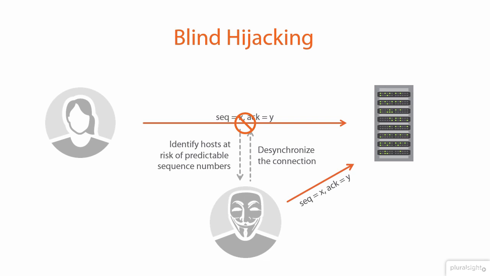Now the server is synchronized with the attacker, so they can resume the communication themselves. So blind hijacking is one potential attack vector. And again, it's useful when the attacker can't actually sniff the connection, but they can exploit the predictability of sequence numbers. Let's move on and have a look at an approach the attacker can use when they can actually sniff the connection.